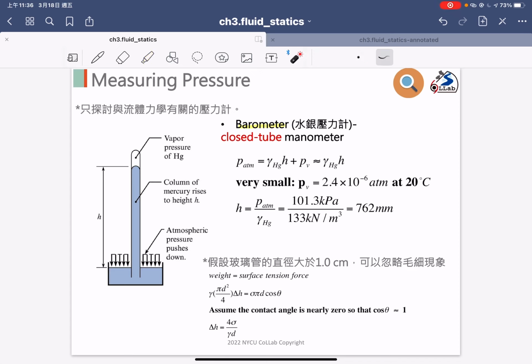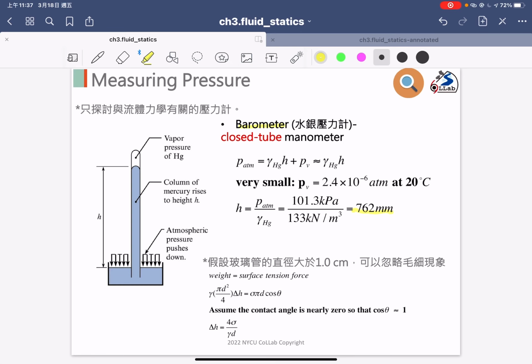If you take a look, there is a closed tube. And then you put the barometer in the air, you will see the rising height. And then you actually know the rising height is equal to 762 millimeters, right?